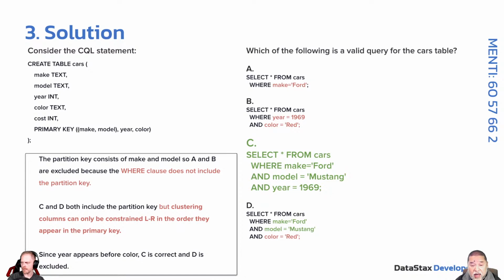Now, if you look at the last two queries, C and D, they both specify the entire partition key, make and model. That's Ford and Mustang. So the difference is one calls out the year and one calls out the color.